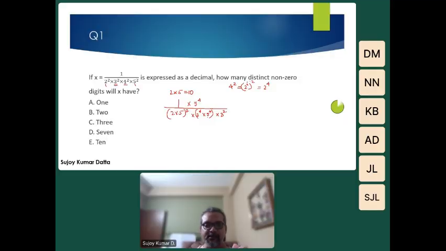Now this again becomes 10. So 5 to the power 4 is how much? 625. If you know it, it's good. If you don't, then you have to multiply. 5 squared is 25, and 25 times 25 gets you 625, divided by 10, and again 10, 6 times.